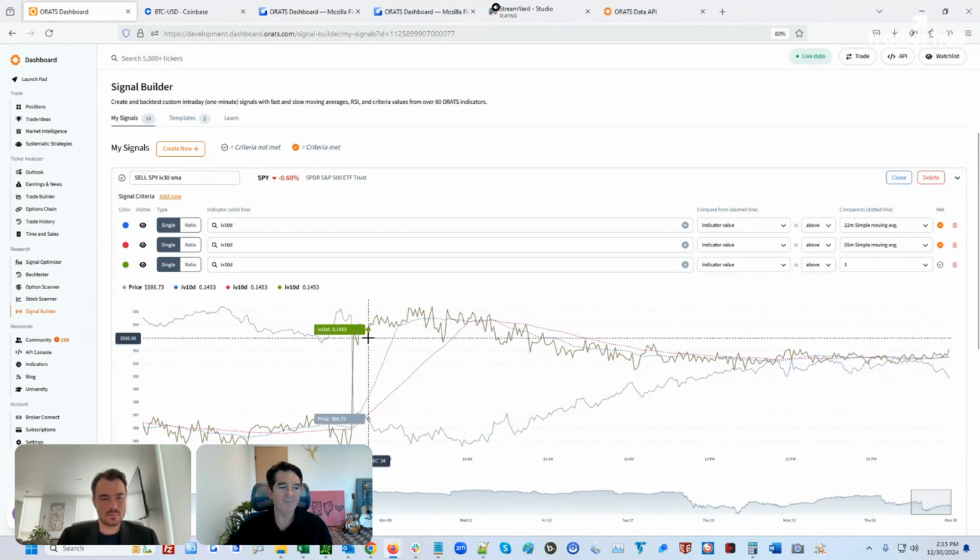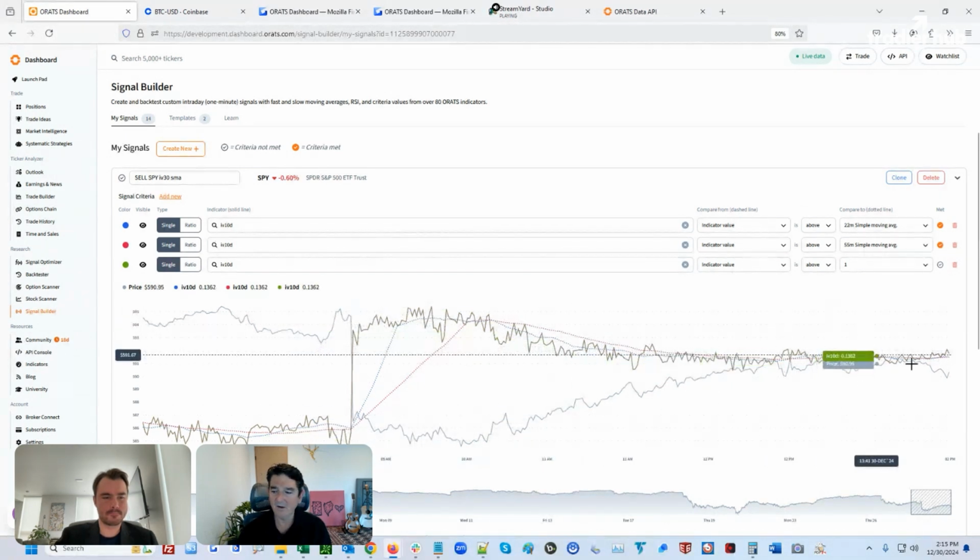So again, the neat thing about ORATS and the backtester signal builder is that you could see, on a minute by minute basis, we're continuously updating all these constant maturity implied volatilities and relationships, pretty telling data points that could help you trade intraday.